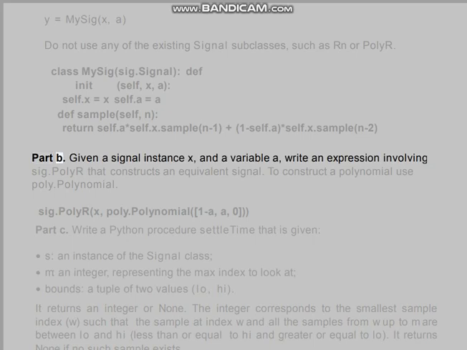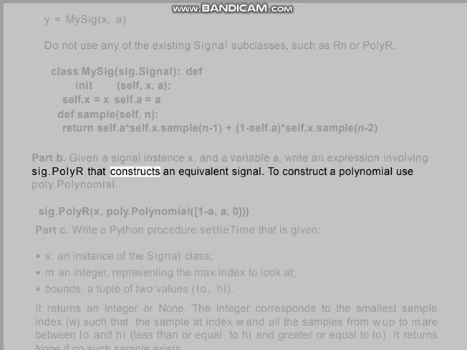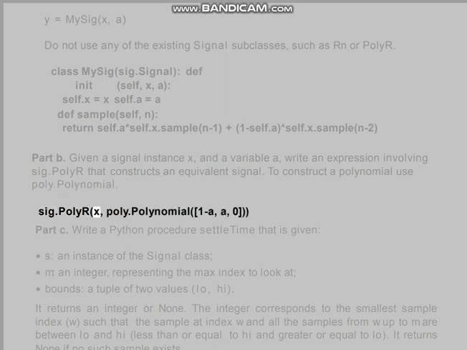Part B. Given a signal instance x, and a variable a, write an expression involving SigPolyR that constructs an equivalent signal. To construct a polynomial, use Polynomial. SigPolyR(x, Polynomial([1-a, a, 0])). y = MySig(x, a).